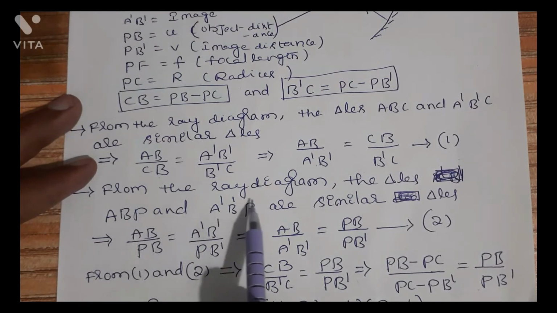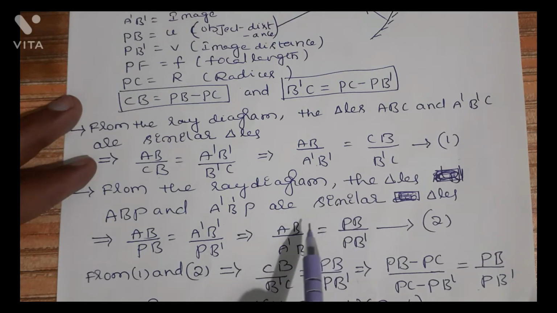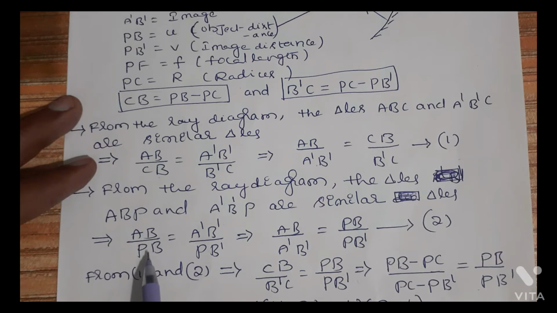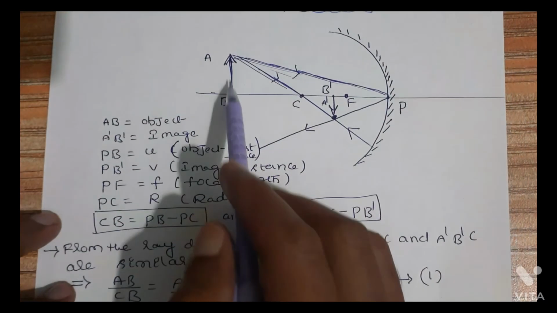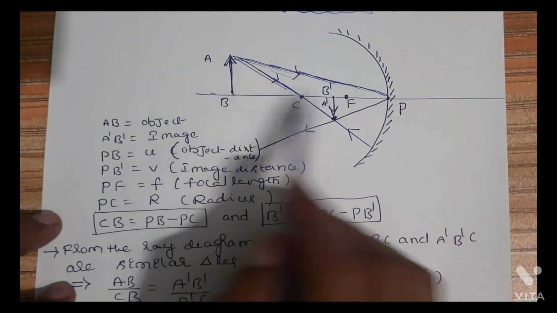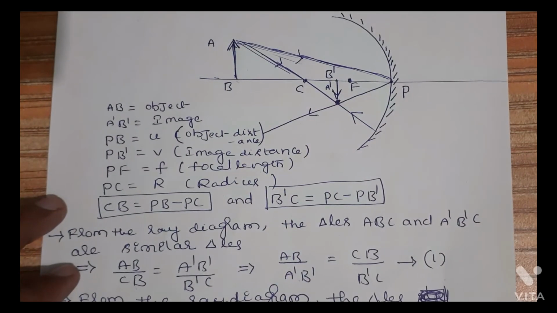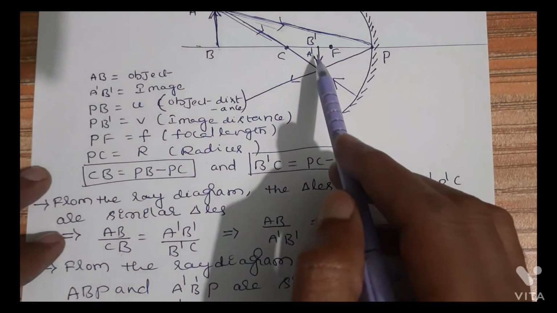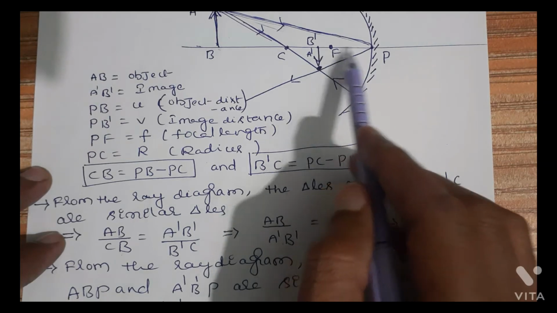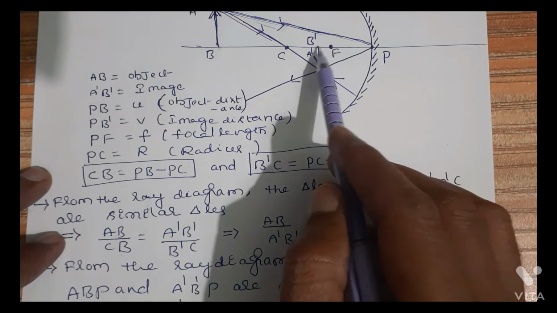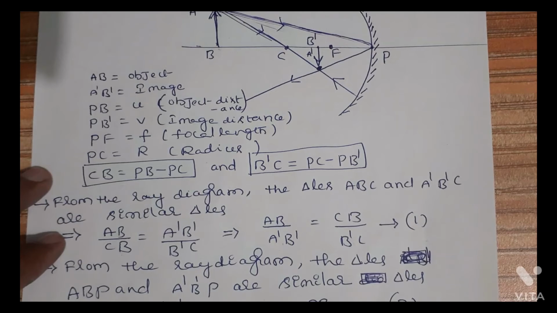From the ray diagram, the triangles ABP and A'B'P are similar triangles. Then the ratio between height and base: in this triangle, the height is AB and the base is PB, students. So AB by PB equals, in this triangle, the height A'B' and the base PB', so A'B' by PB'.